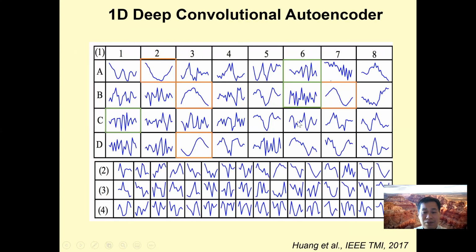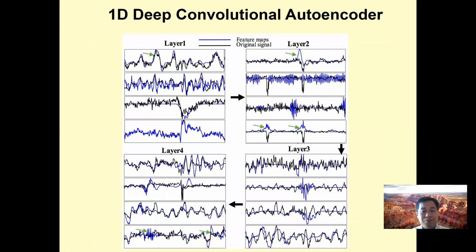And then the real challenge here is how to interpret these time series, these filters. So we use a visualization over here. For example, we can at least visualize the feature maps and the original time series. If they overlap quite well, that means we know these filters are meaningful.